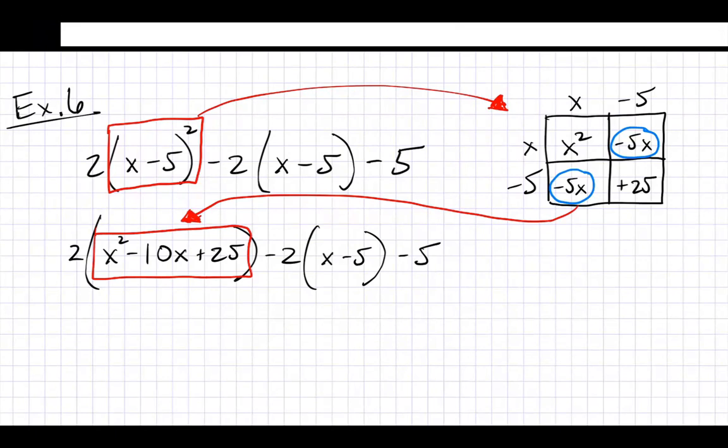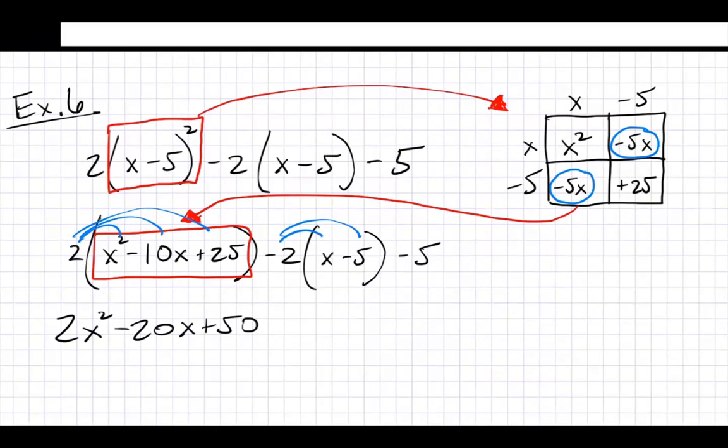Now I can move to multiplication. So multiplication means distributive property. So now I can distribute the 2 here and the -2 here. So this would be 2x squared. 2 times -10 is -20x plus 50.